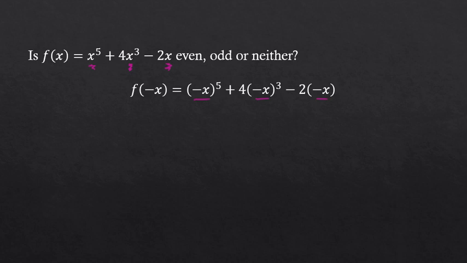If there was a minus sign out front, now there's going to be a plus. And if you have minus x raised to an even power, then the sign in front of that term will remain the same. If it was a plus, it's going to be a plus. If it was a minus, it's going to be a minus.